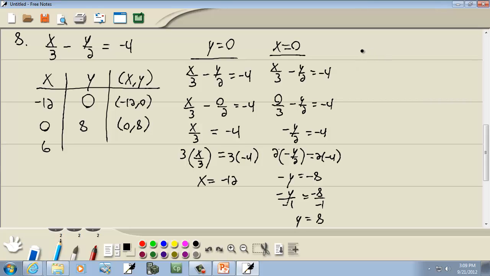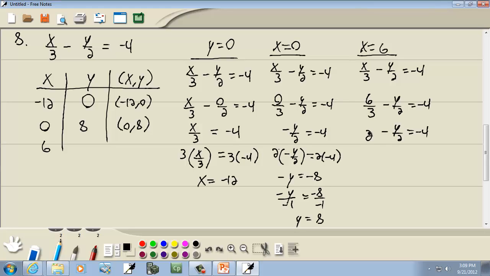And our last one. I'm plugging in x equals 6. So I got x over 3 minus y over 2 equals -4. And we're going to plug 6 in for the x. So I got 6 over 3 minus y over 2 equals -4. 6 over 3 is 2, minus y over 2 equals -4. Now we're solving for y.